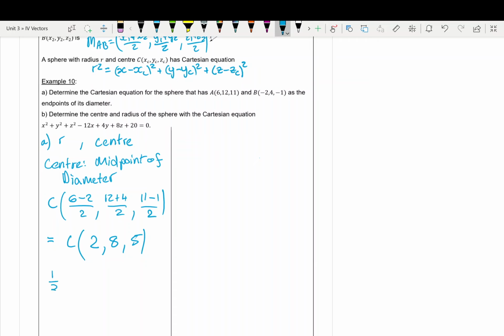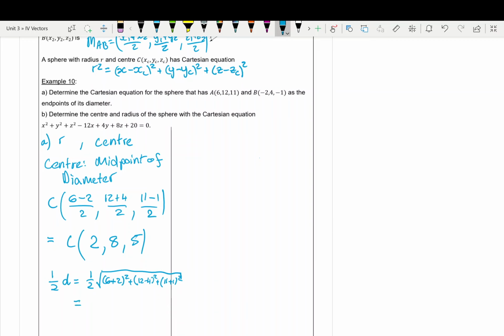So half of D, which is equal to half square root of the differences of the components. So let's take A away from B because A are all positive, so it's going to make it a little bit easier. So 6 take negative 2 is plus 2, plus 12 take 4 squared, plus 11 take negative 1, which is plus squared.